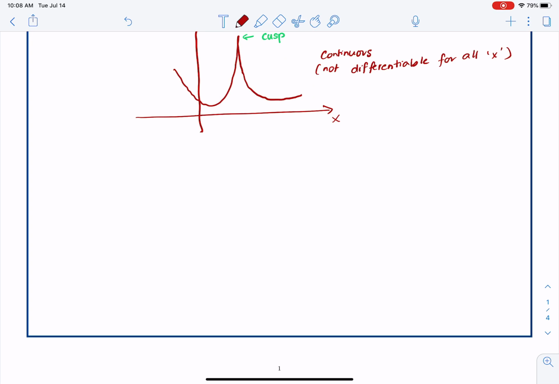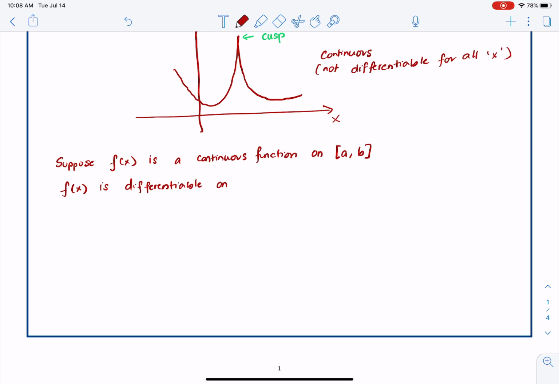So that said, what does Rolle's theorem state? Rolle's theorem states that suppose f of x is a continuous function on the closed interval a comma b, and f of x is differentiable on the open interval a comma b.